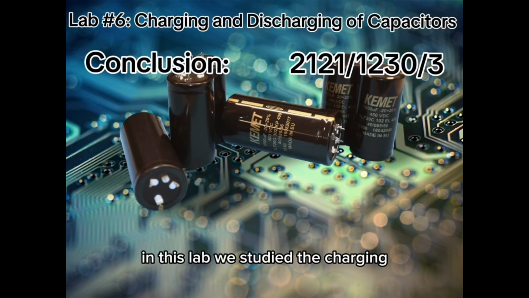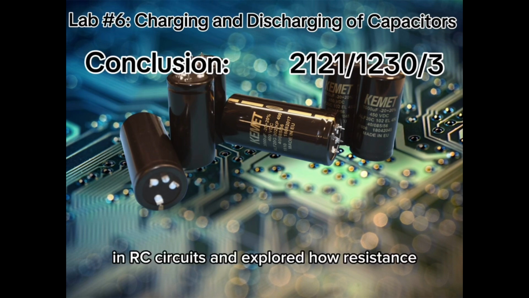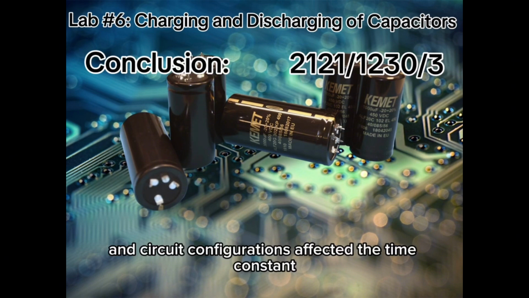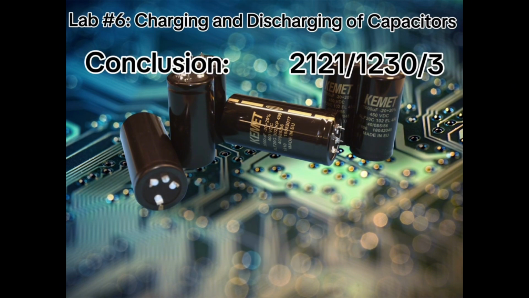In this lab, we studied the charging and discharging process of capacitors in RC circuits and explored how resistance, capacitance, and circuit configurations affected the time constant tau.